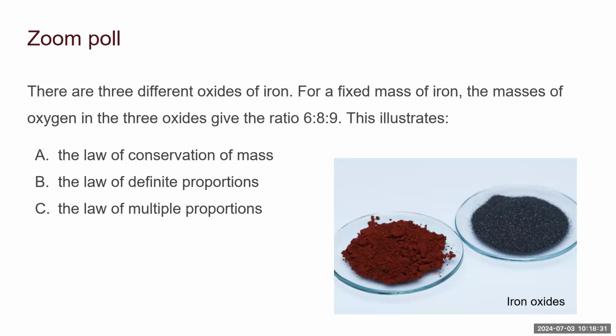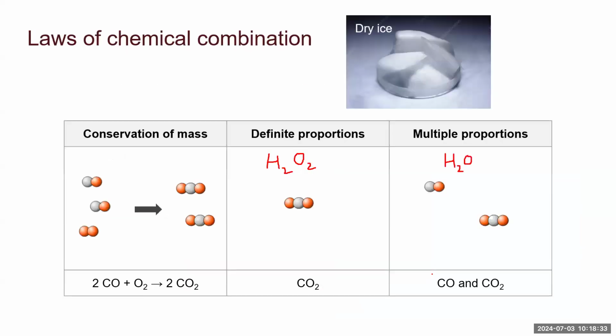Now, before we answer that, let's jump back a tad. Definite proportions are: this specific compound has this exact ratio. Multiple proportions: this specific compound has this ratio. This other similar compound has this ratio. Another one has this specific ratio. Does everyone follow those?